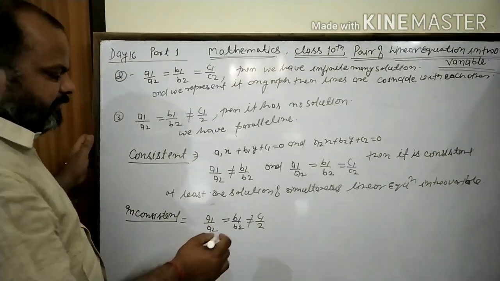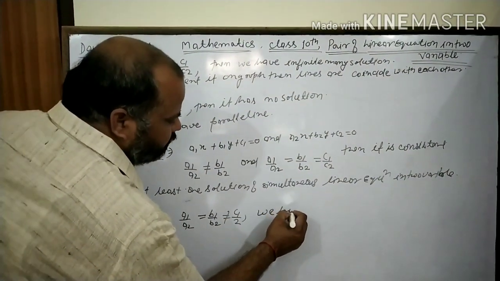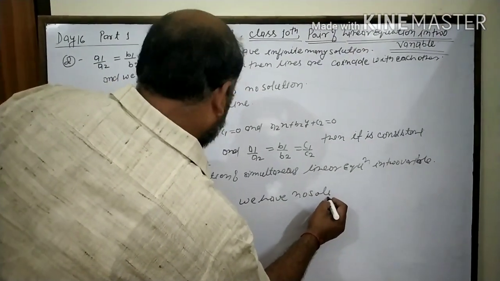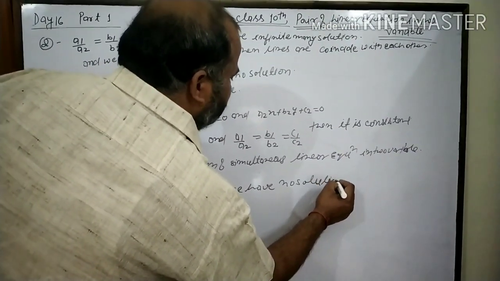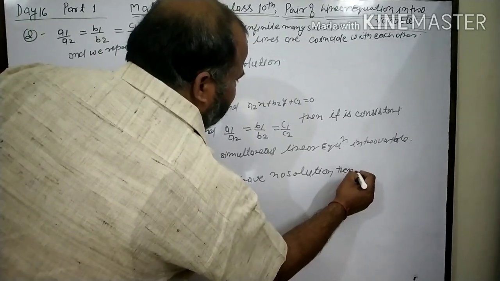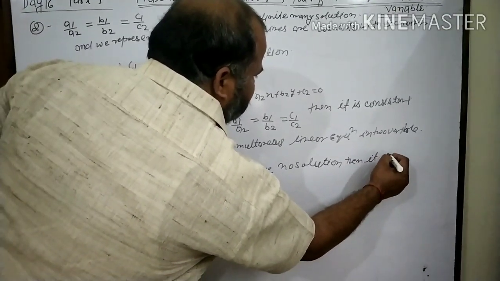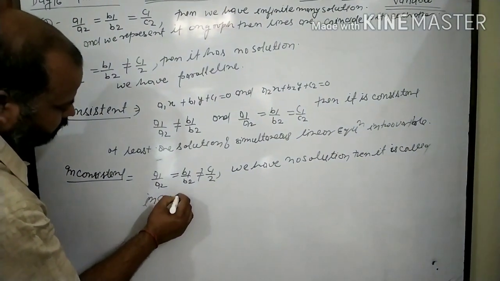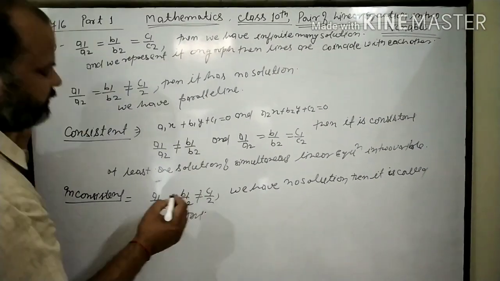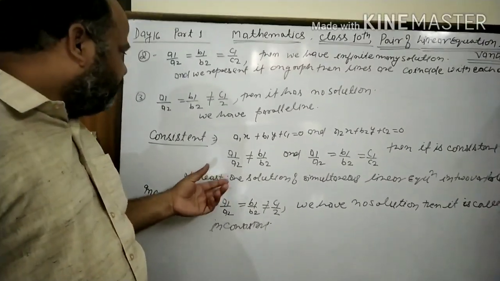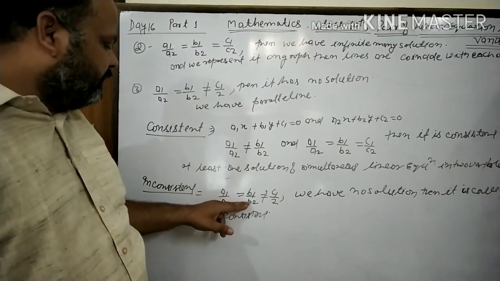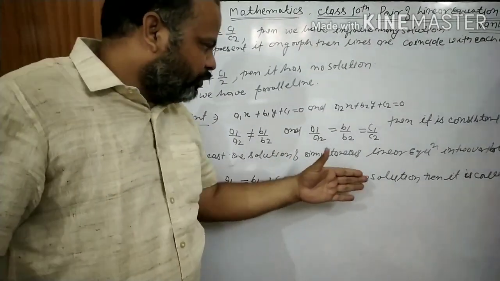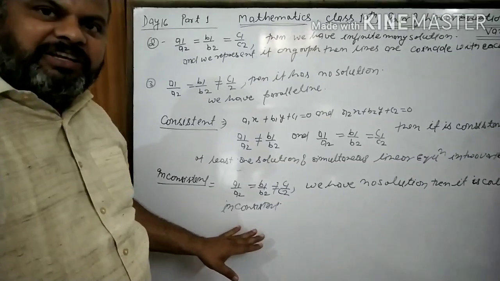It means if we have no solution, then it is called inconsistent. Clear? Now, if a1 upon a2 is equal to b1 upon b2 is not equal to c1 upon c2, then there is no solution, and this condition is called inconsistent.